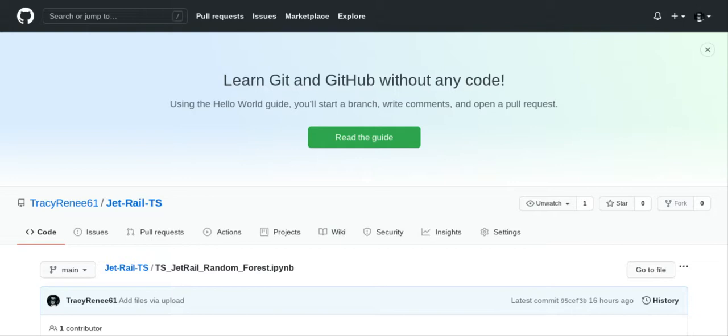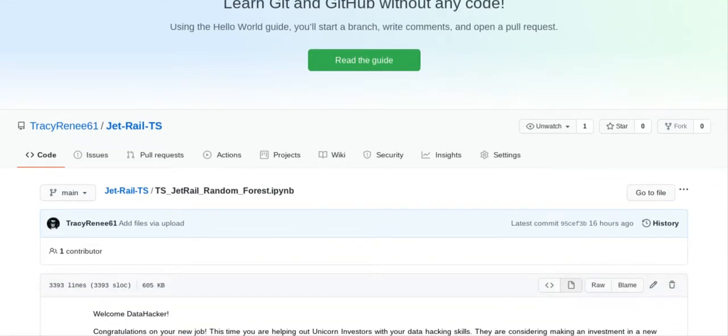intending to make. And I guess the name of this video is going to be something like what happened when I put the JetRail dataset into a random forest regressor model. That's what this is about. JetRail is a time series dataset, and it had been put on statsmodels before.